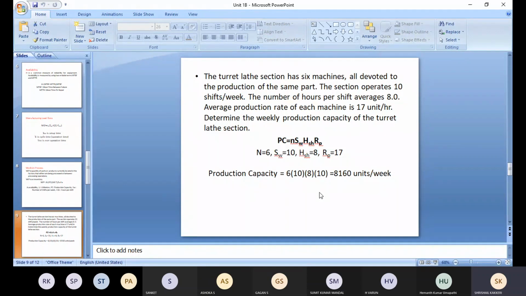The production rate for each machine is 17 units per hour, so Rp is 17. Definitely the production capacity is n SW SH Rp, which is equal to 8,160 units per week. Kindly go through this. If any problems are there, please ask me. These are the type of problems you will be coming across.